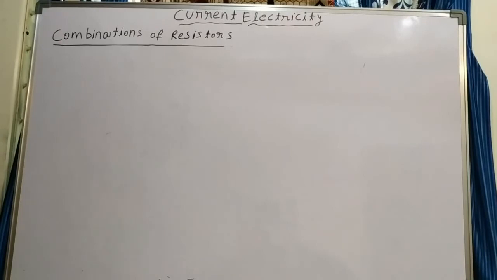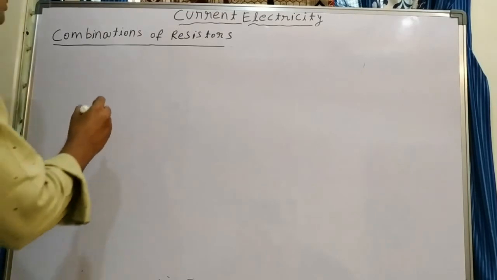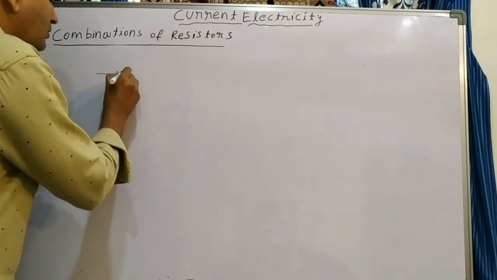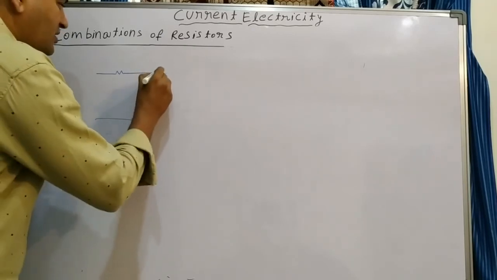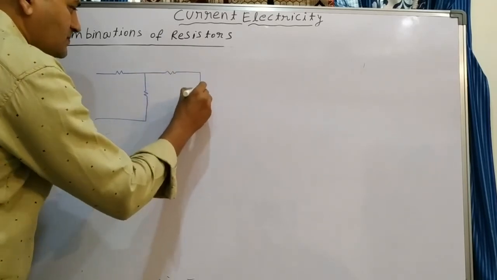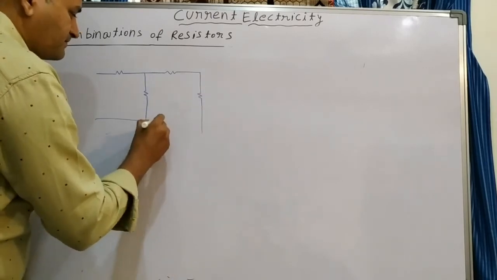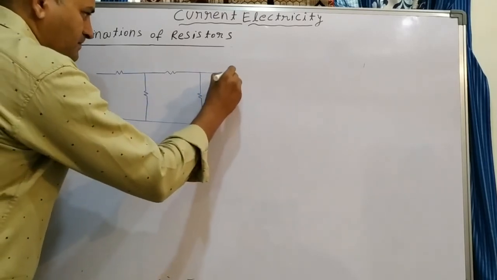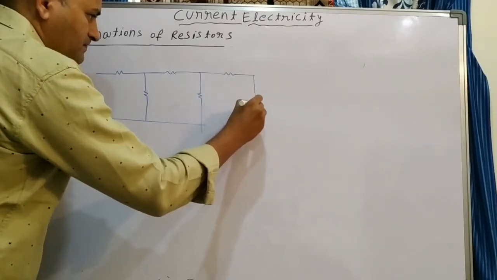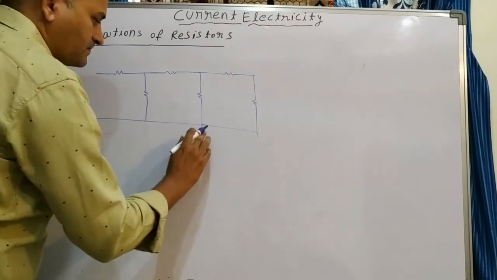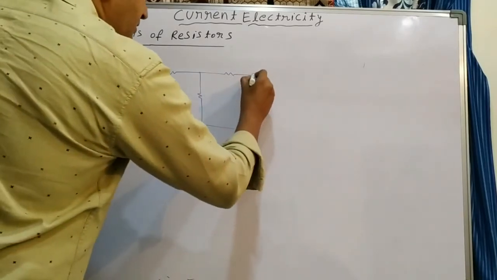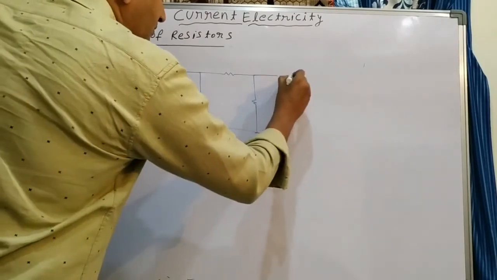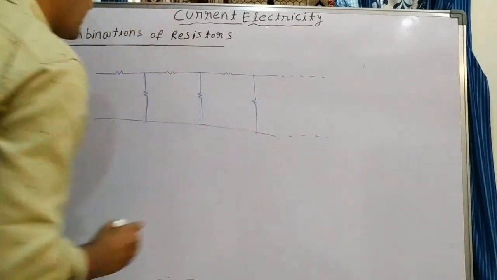Another application is when resistors are connected in series and parallel combination. Suppose you take a ladder of resistances connected like this. Like that, these are connected to infinite.